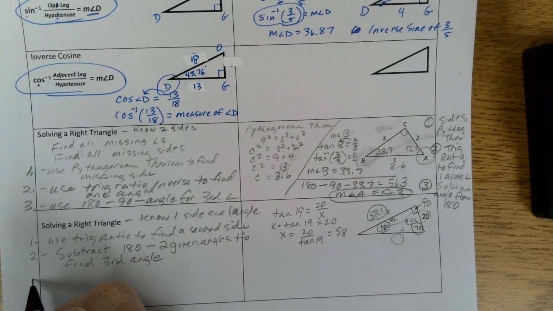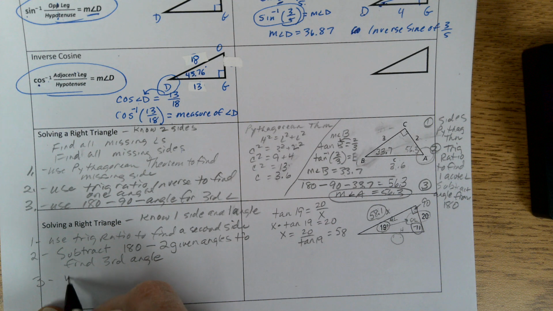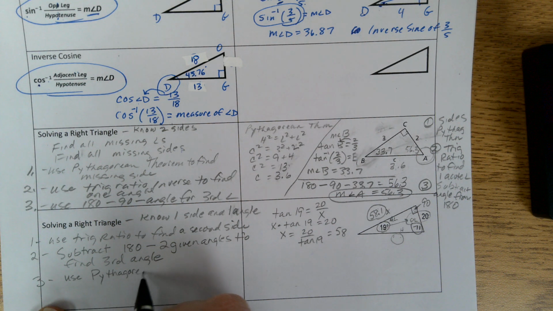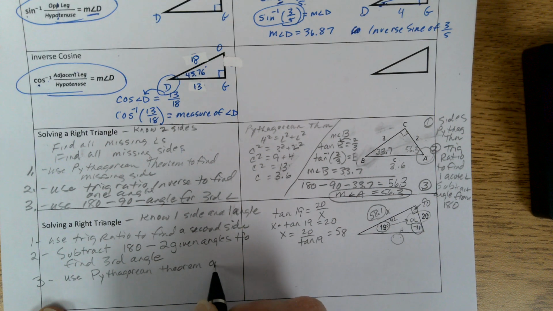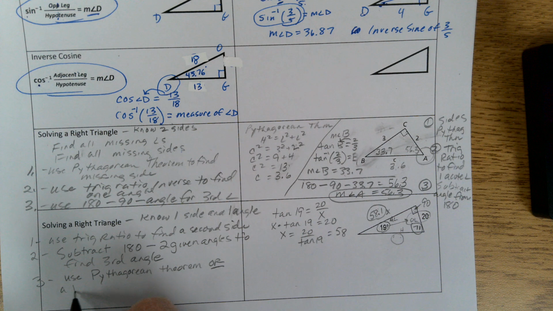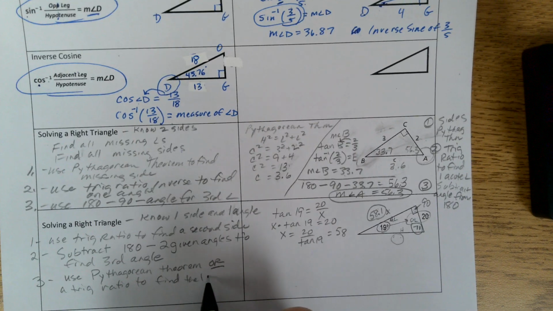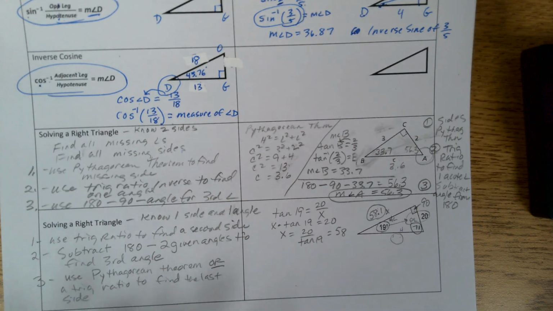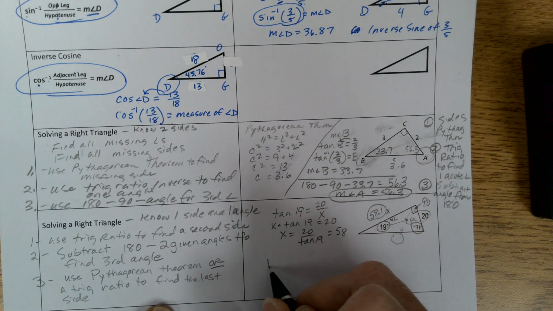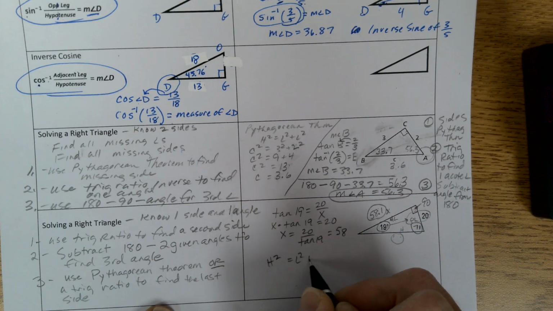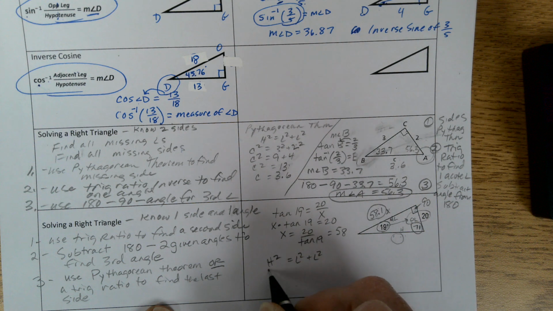So number three, whichever one will work, you're going to use Pythagorean theorem or a trig ratio to find the last side. Okay, I'm just going to do Pythagorean theorem. So Pythagorean theorem, h squared equals L squared plus L squared. H is what I'm trying to find.